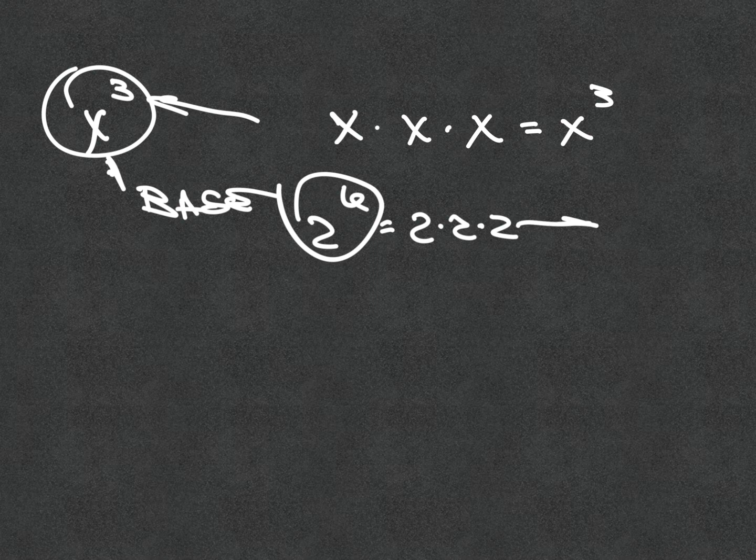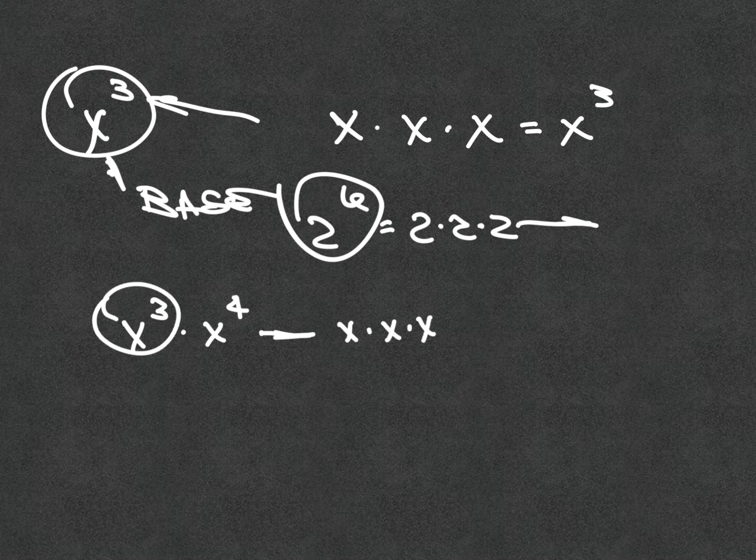Multiplication. So what we're going to do is look at something like x times x to the 4th. This is the first example. And what we're doing here is we're multiplying those. So if we were to write this out in long form, it would be x times x, which is x cubed, times x times x times x times x.